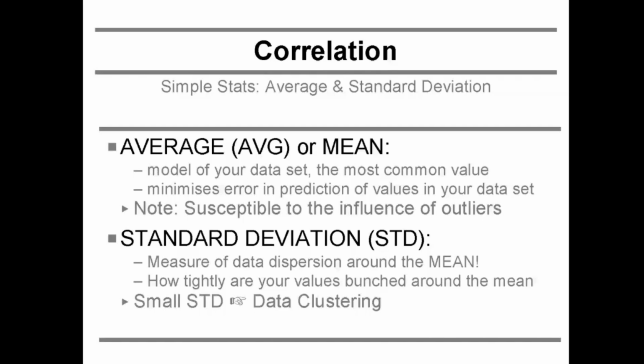What it means is, if you have a small standard deviation, it means your data starts to cluster around a common point, around the mean. That's your common point. And if you have a large standard deviation, then your data starts to disperse over a greater area.